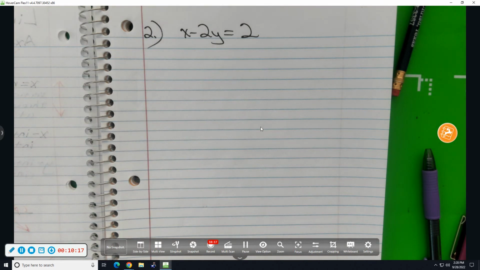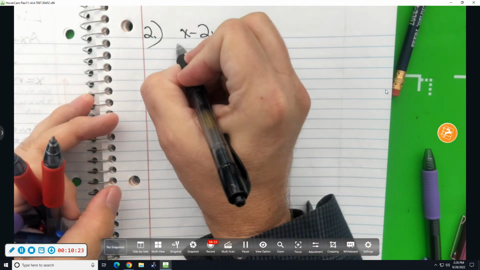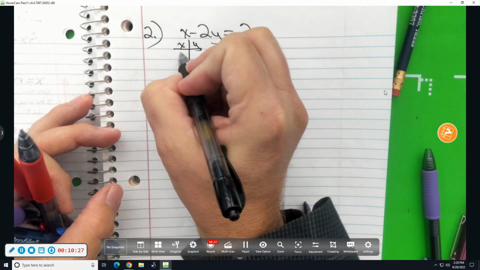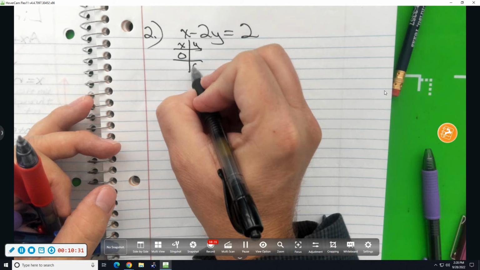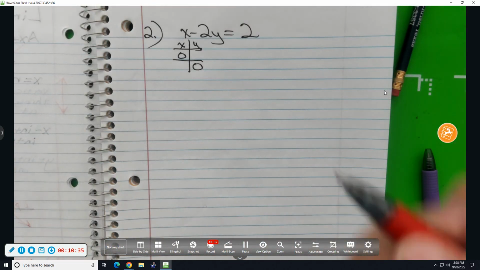So it says find the intercepts. To find the intercepts, you've got to plug in zeros. So I'm going to make a little table. We're going to plug in 0 for x to find y, and plug in 0 for y to find x. Let's plug in 0 for x first.